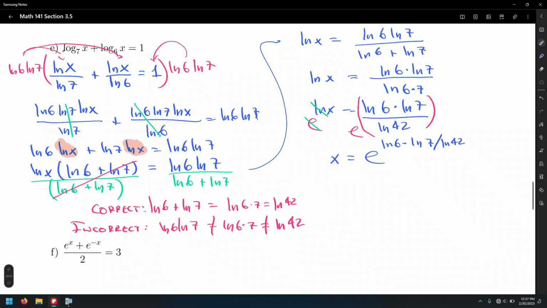And that's the exact result we want to obtain, as well as the approximate result, which according to my calculations is 2.5417. And that is rounded to 4 decimal places. All right?